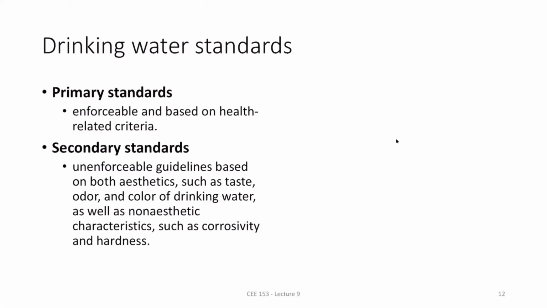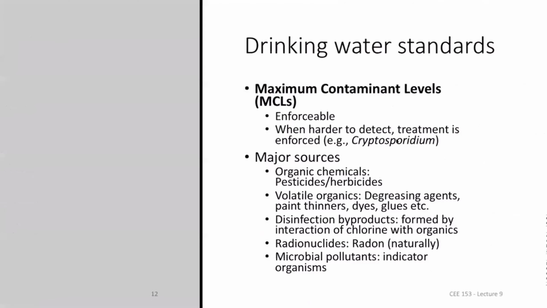For instance, if your water is hard, it's not easy to clean your laundry. The soap will not be effective. Hard water can also cause skin rash, and you can see scale build up inside your pipe. Corrosiveness is the opposite. If water is not hard, it can increase corrosion. We'll get to that point. But the point is there are two different standards, so we have to think of both.